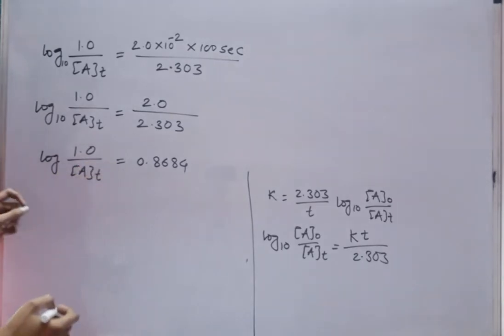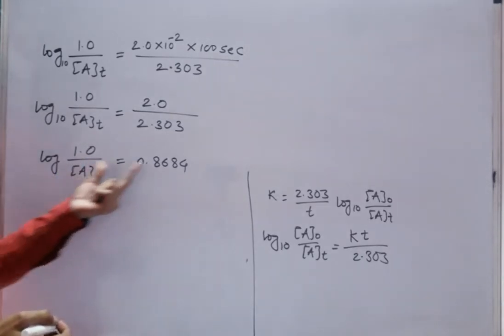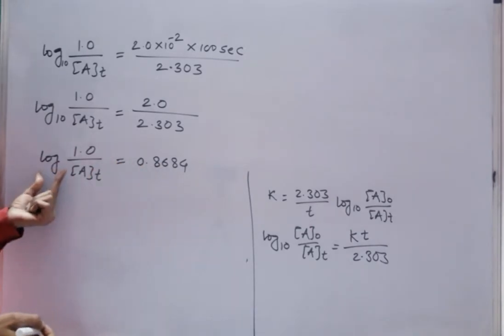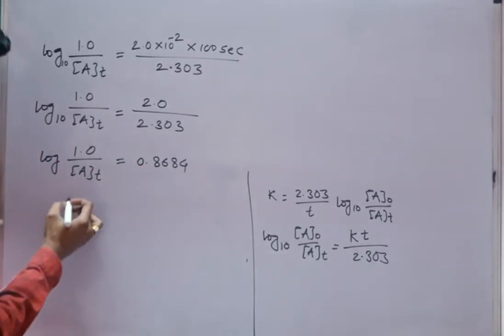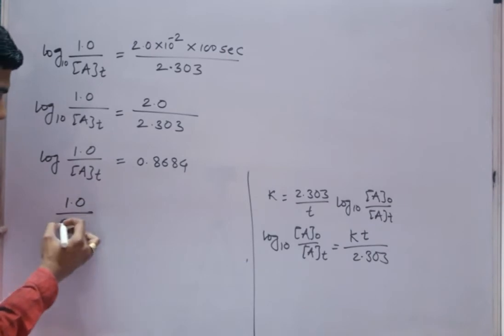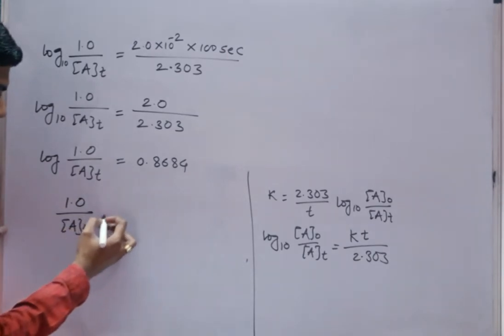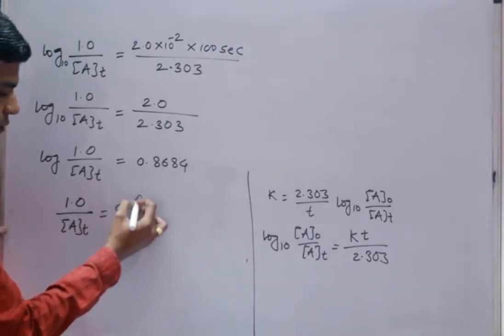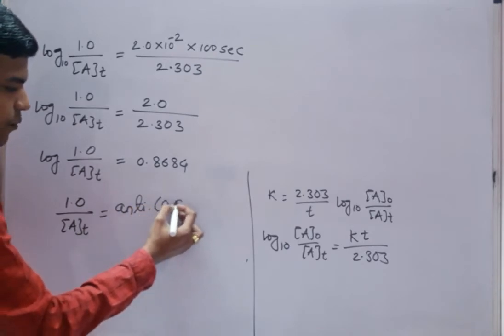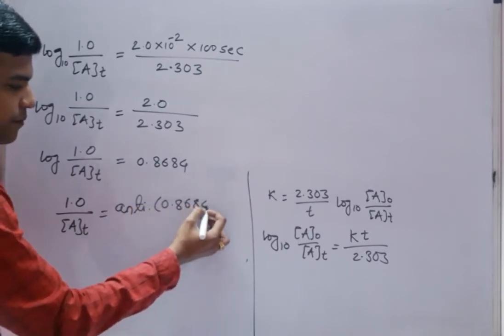Now what we have to do here, we have to take antilog on both sides, so this log term will get cancelled. Okay, so 1.0 upon A t is equal to antilog of 0.8684.